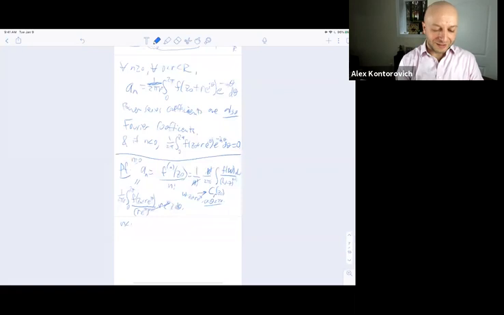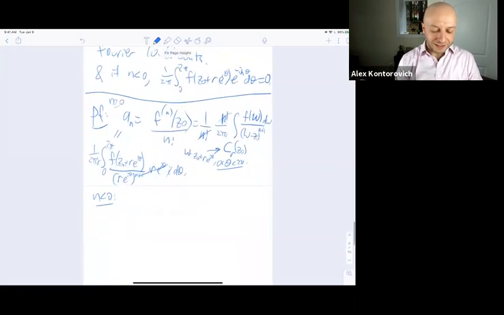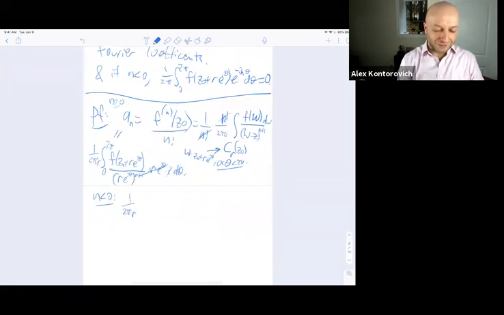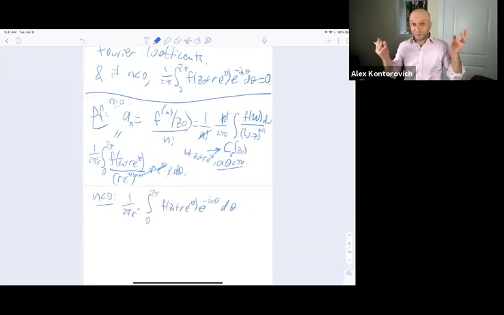So this was if n is bigger than 0. Now if n is less than 0, then what do we get? If n is less than 0, let's look at the integral. 1 over 2 pi, I have an r to the n, integral from 0 to 2 pi, f of z0 plus r e to the i theta, e to the minus i n theta d theta, right? It's the same exact formula.